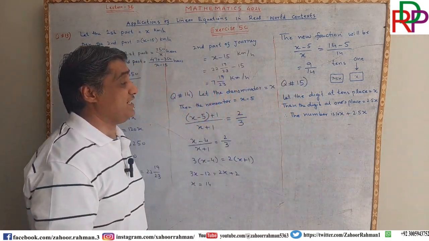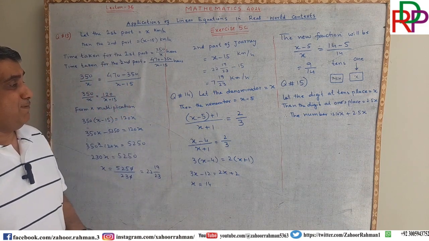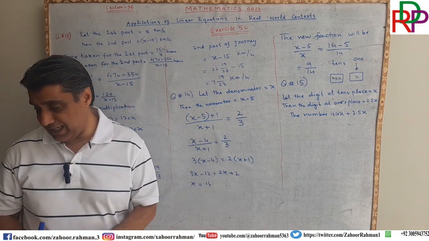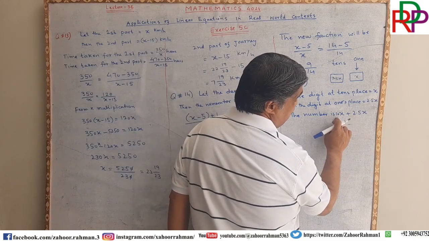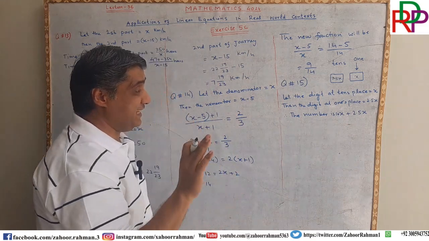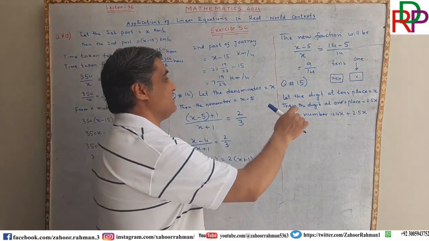So we have to write 10x plus 2.5x, because this is the tens place and this is the unit place, so we have to multiply the tens place by 10.